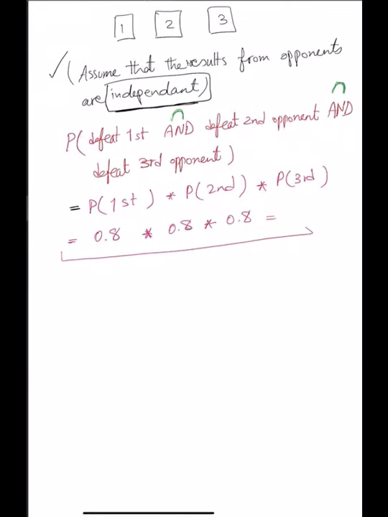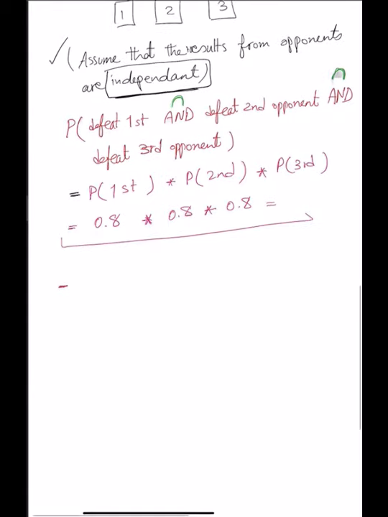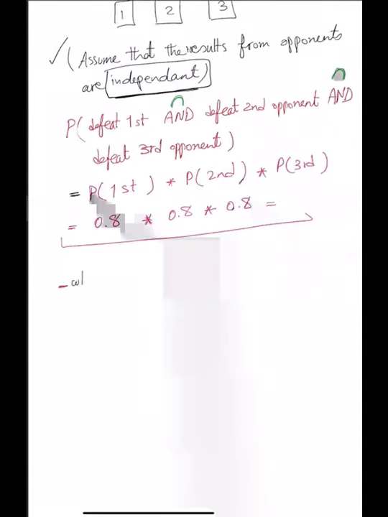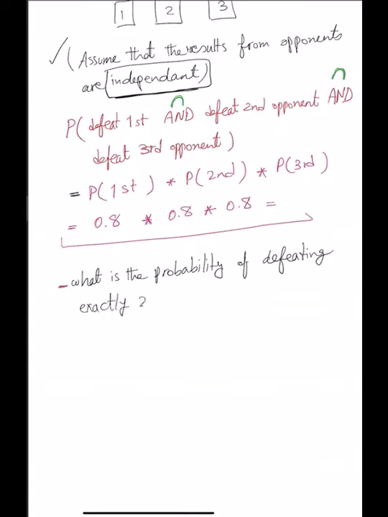The next question, part B of this question: what is the probability of defeating exactly two opponents?